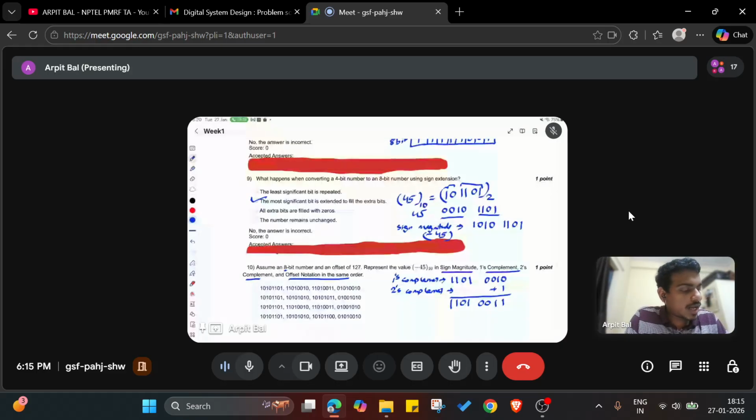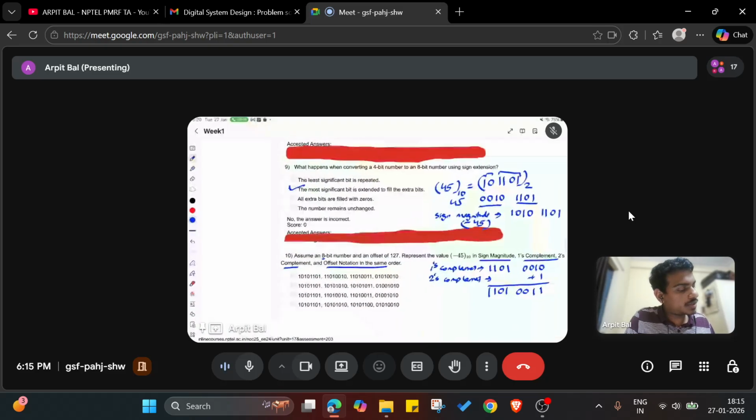So what is the last part? It is the offset notation that we need to represent. For representing it in offset notation, we have minus 45. We need to add the offset that is given to us as 127. So what will the result be? 82, right?